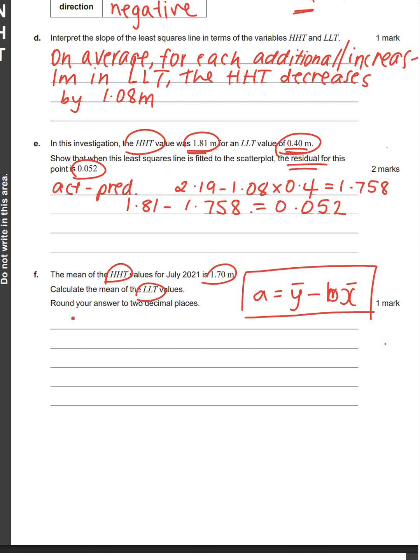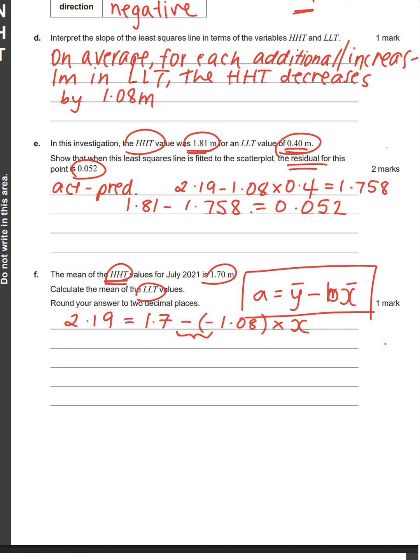So A is my 2.19. Now my mean of Y is my mean of my response variable, which we know is HHT, so that's 1.7 minus, and then B is my slope, so minus 1.08 times, and then I don't know what my mean of X is, so I'm just going to leave it there. Now, this part is really important because it's a minus in here, but then it's also a minus in my slope.